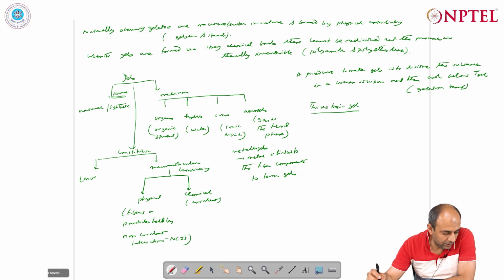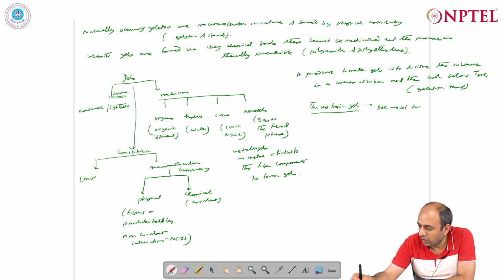In this case, what happens is that there is a gel substance, it undergoes a gel to sol transition when you stir the gel or disturb the gel state.